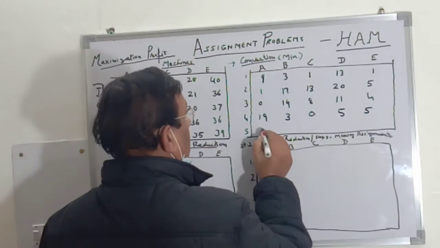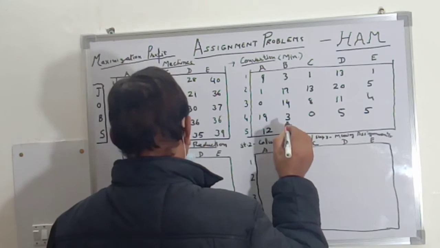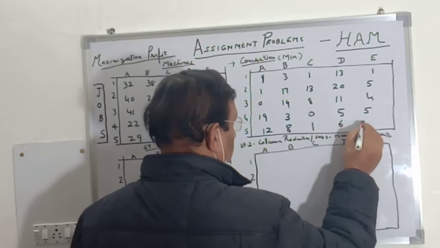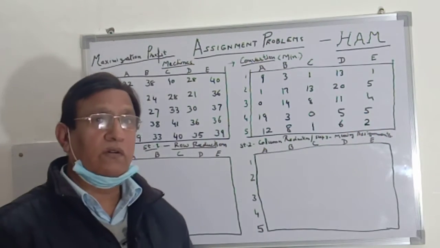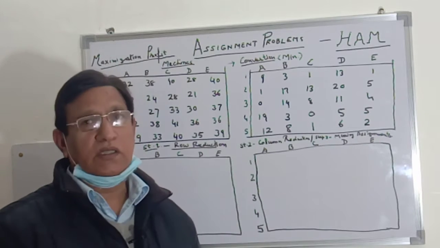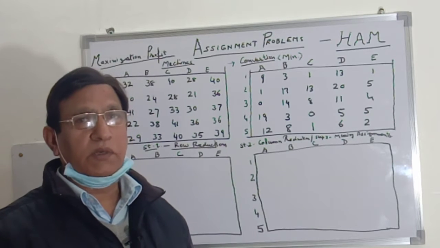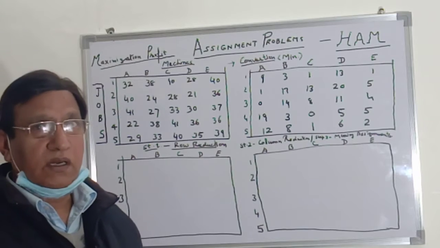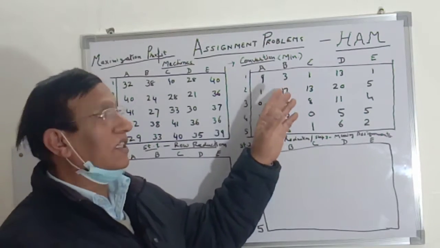Now 12 is here, 8, 1, 6 and 2. So this is the technique of converting maximization case into minimization case by subtracting all the elements of the given matrix of maximization from the highest number, and we get this as the minimization case.